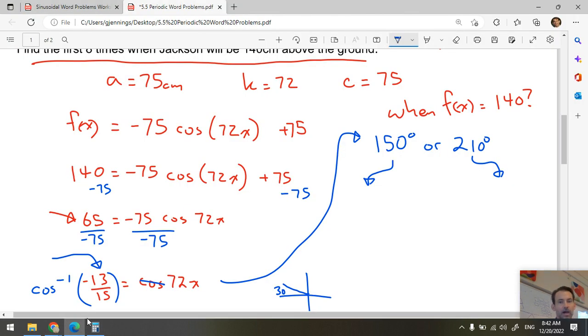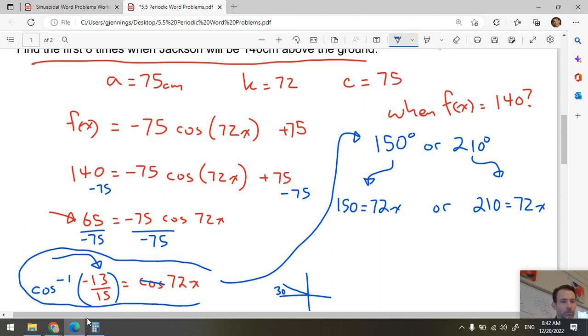So now we're going to have 150 equals 72x, or 210 equals 72x. That's the solution to this, and there are two solutions, and we want both of them. All right, so let's solve those.